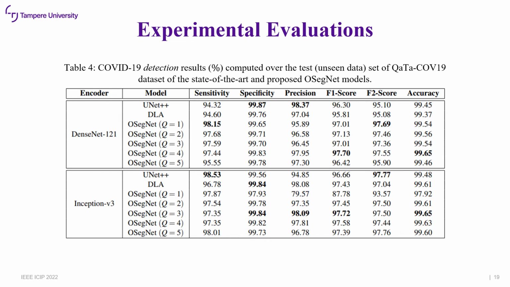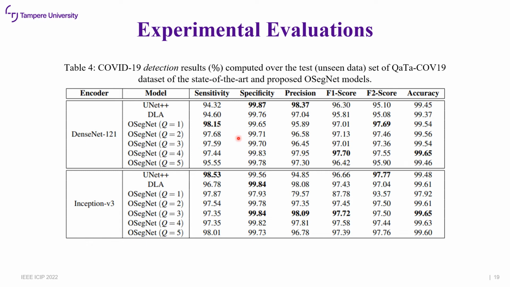In this table, there are the COVID-19 detection results. We detect COVID-19 based on the predictions of the segmentation network. Whenever even one pixel is predicted as COVID-19 pneumonia by the network, we say that it is COVID-19 in the detection phase. Based on this algorithmic evaluation, we have detected COVID-19 with the proposed networks.